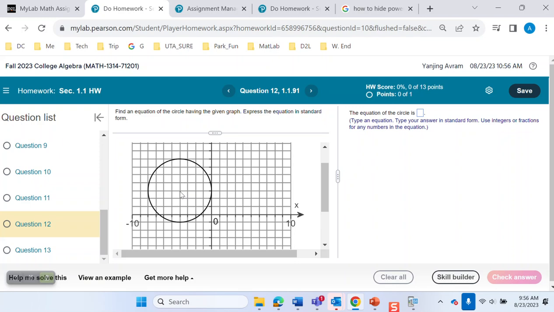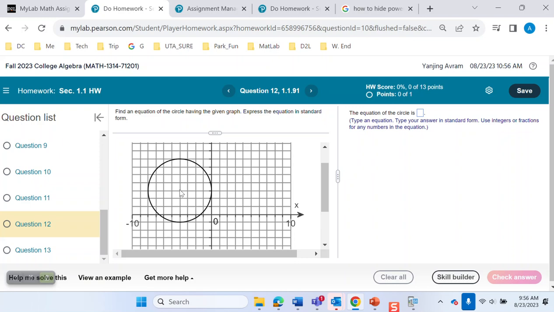And then y, all the way from here: on the y axis 1, 2, 3. So this center has x, or h, equal to negative 4 and k equal to positive 3.